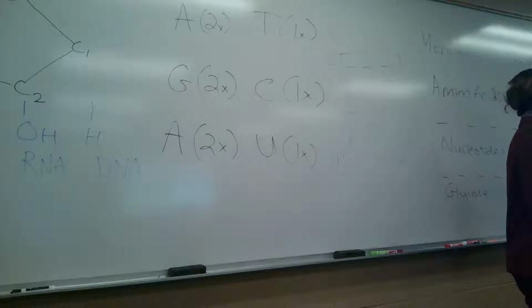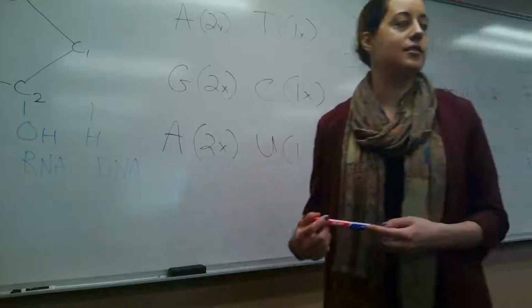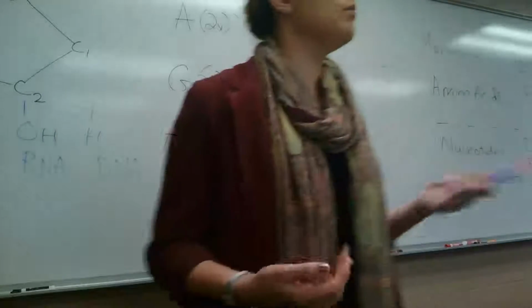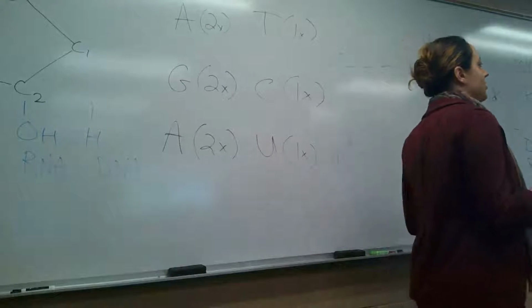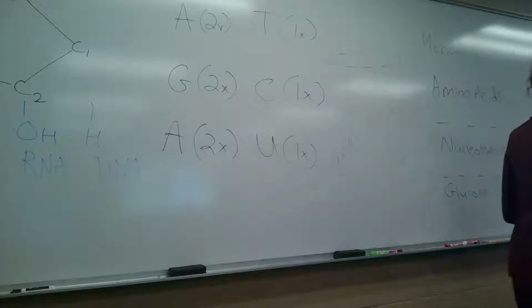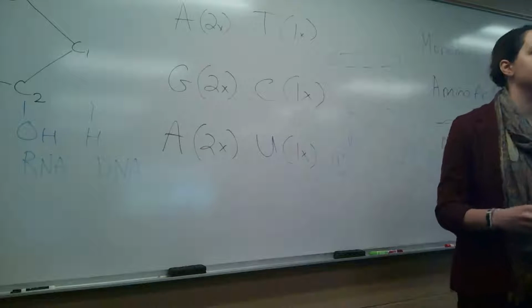How are the weak hydrogen bonds able to hold together our DNA strands? This is very important, that our strands of DNA stay together. Why do we trust this job to the weak hydrogen bonds? Because there's so many.